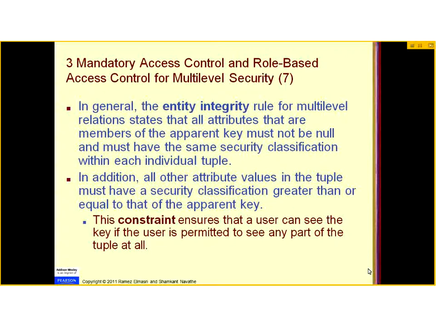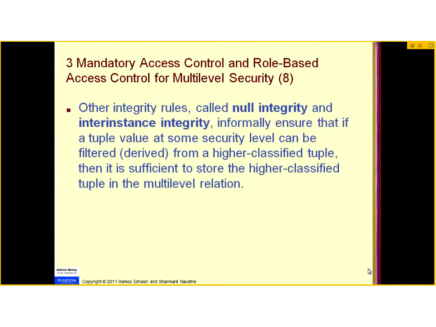In addition, all other attribute values in a tuple must have a security classification greater than or equal to that of the apparent key. This constraint ensures that a user can see the key if the user is permitted to see any part of the tuple at all. So this is the mandatory access control and role-based control for multi-level security.